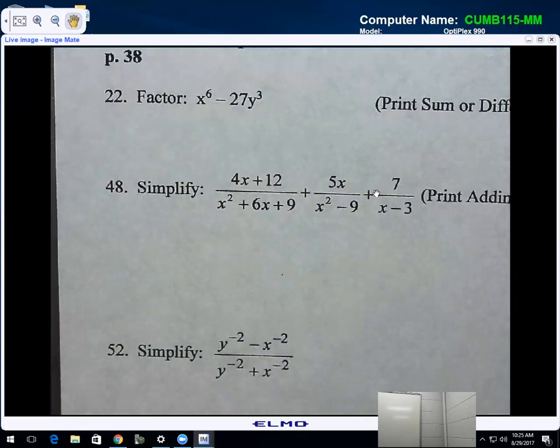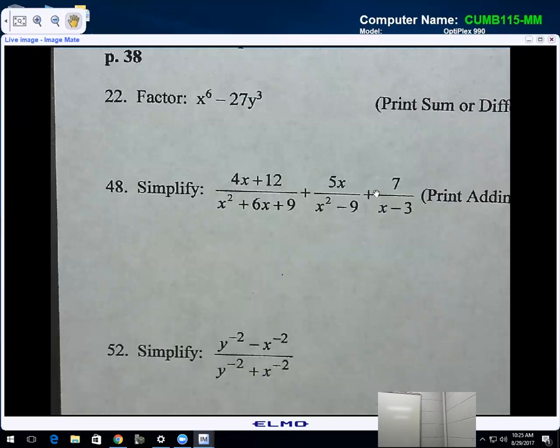Now, remind me this. Can somebody just real quickly make up a problem for me that's the difference of two squares? Give me something with an x in it, and I have to have perfect squares. 3 is not a perfect square.